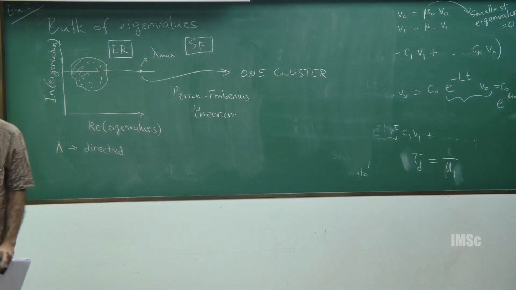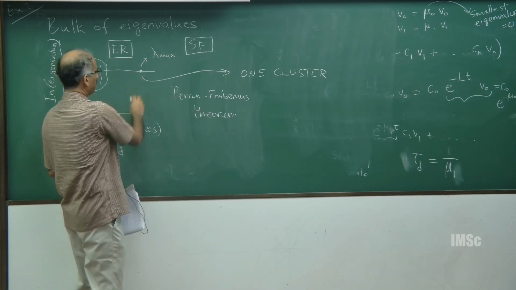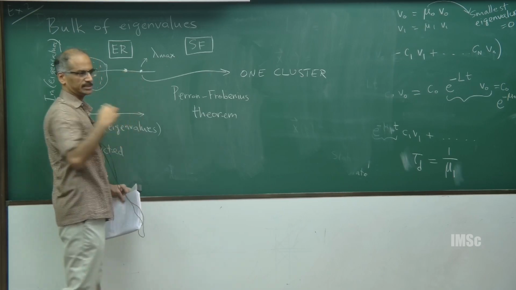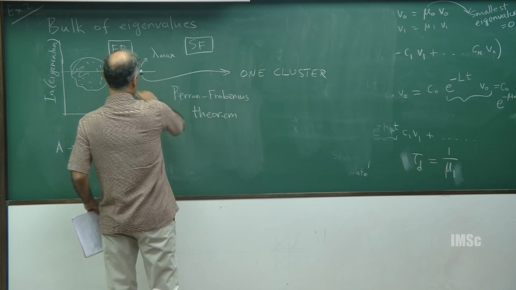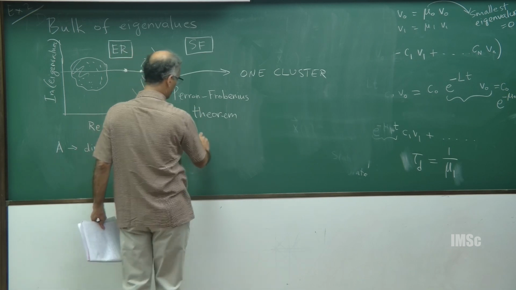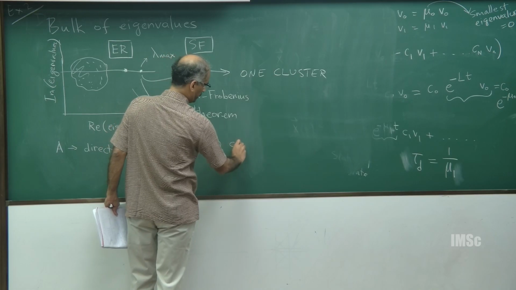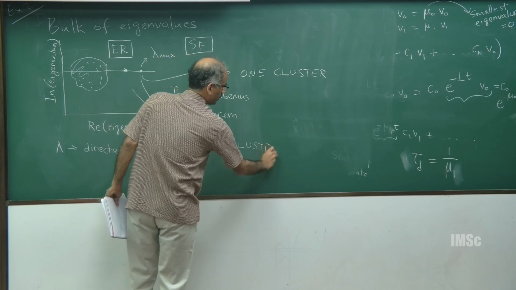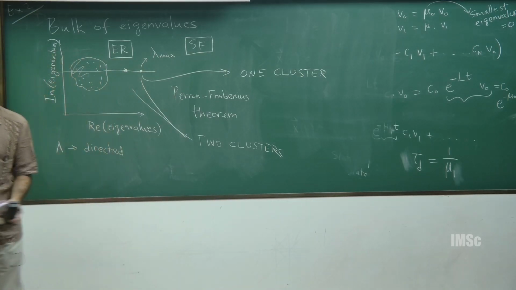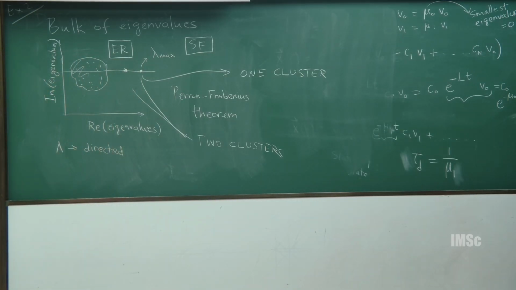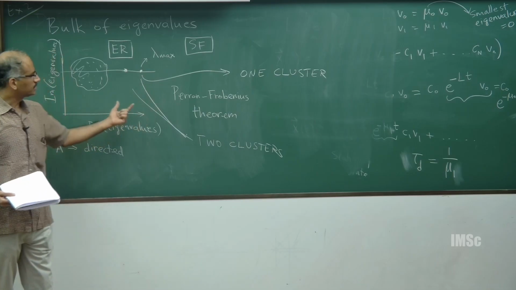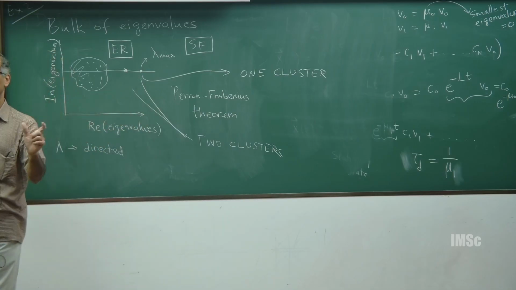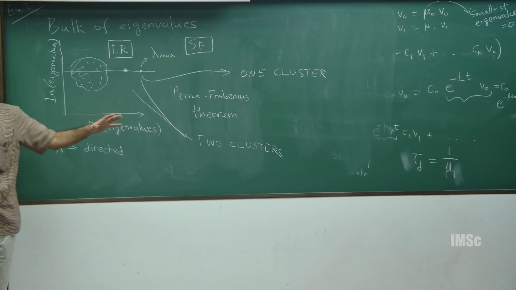You can have a situation where it is not one eigenvalue, but maybe two eigenvalues which are standing out from the crowd. In that case, together these two things tell you that there are two clusters in your network. You can verify all this. The easy way to verify is take some simple scale free model with two community structures and compute the eigenvalues and see whether you are getting two eigenvalues which are away from the cluster.